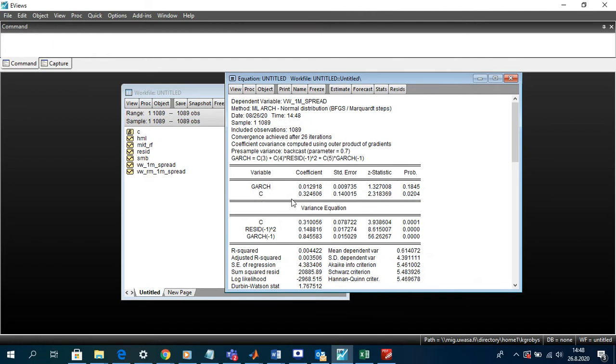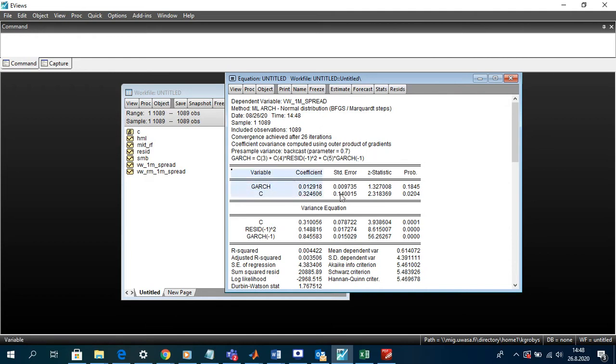We see that the intercept term in the mean equation, the alpha, is statistically significant on a 5% level, with a p-value of 0.02. And the GARCH term, our gamma, this is the point estimate for the parameter related to the GARCH term in the mean equation.